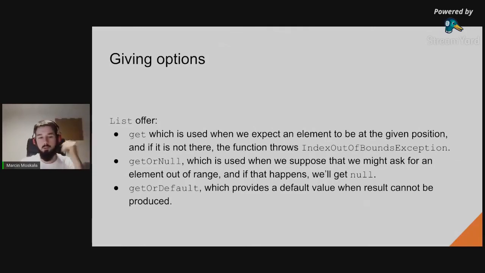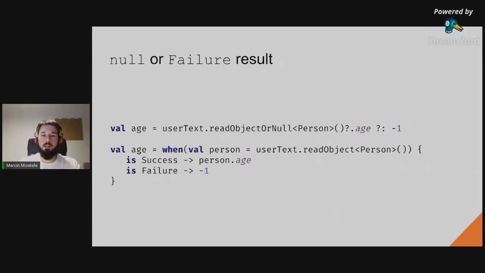Similarly, when you design your own API, you might give options. So, hey, find something or null, or maybe even another option, like in here a default. But I think in most cases of our own, we do not need this default option. Someone can always give a default using this operator, as simple as that.